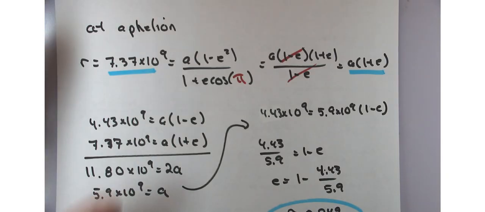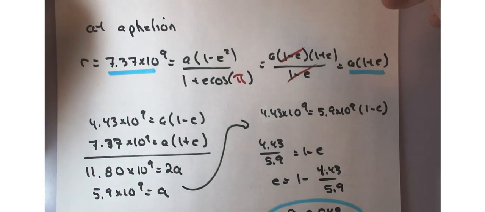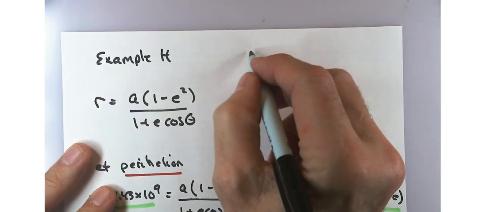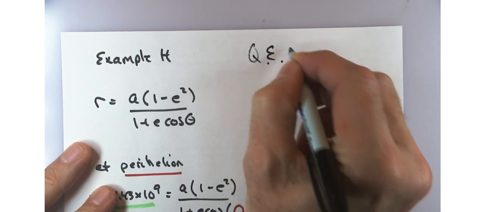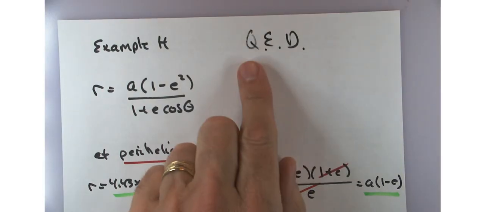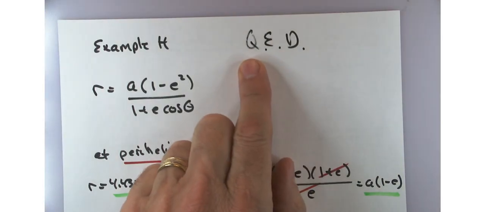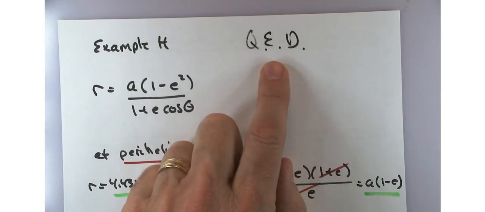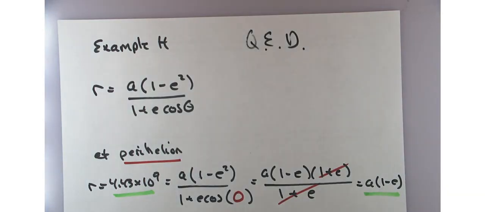So a lot of times, especially when you get higher and higher in math, people will prove something and the proof lasts for pages and pages and pages. And to alert a sleepy-headed reader that they're done, they'll put this at the end of it. QED. It's a Latin term for quod erat demonstrandum, that which was to be shown or proved.